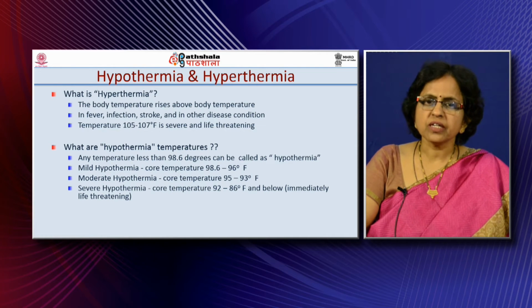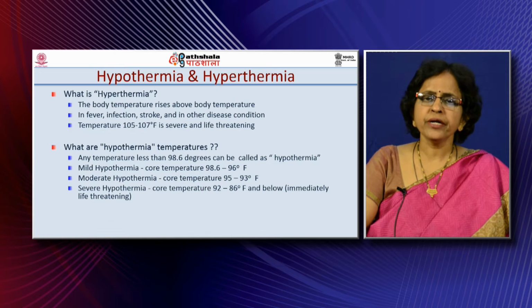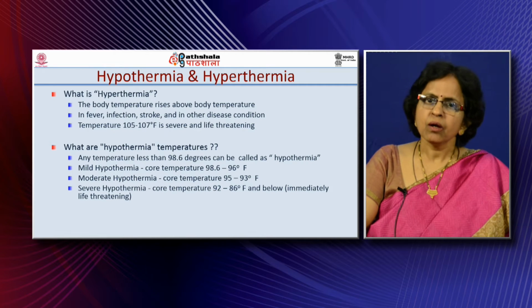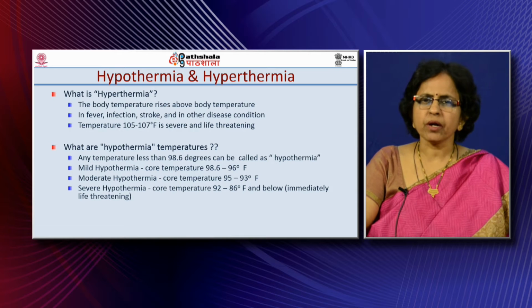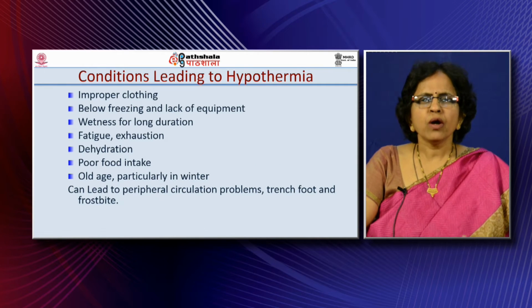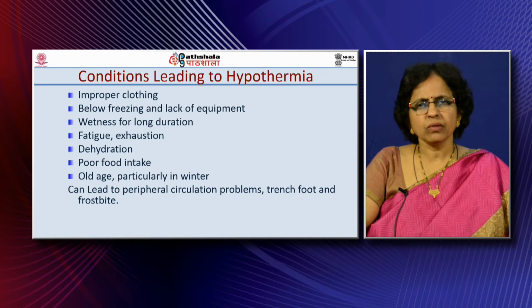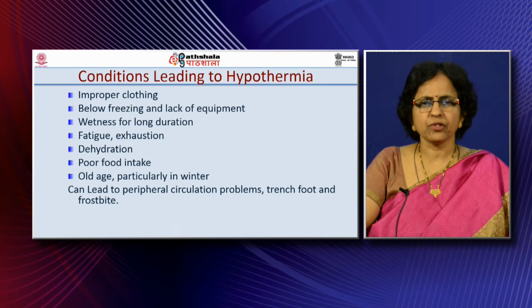So, now you have seen that although the body temperature is maintained most of the lifetime, the temperature can go up or down under critical conditions. Now, what actually happens? Why does the temperature of the body go down, leading to hypothermia?